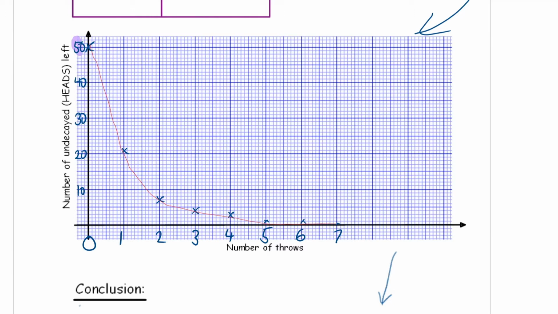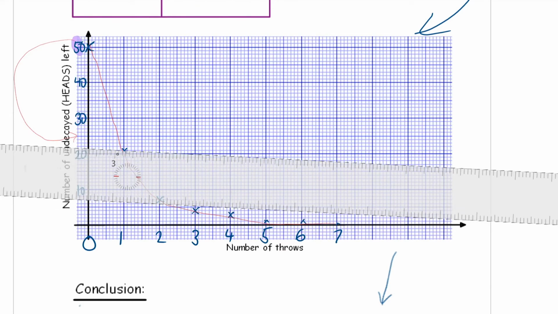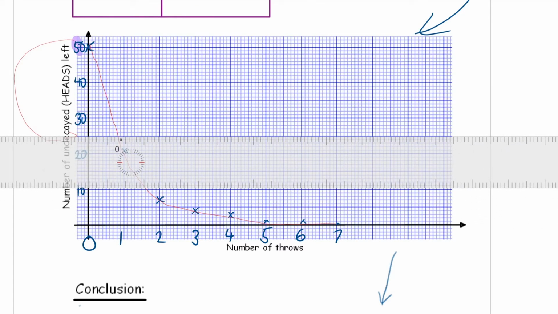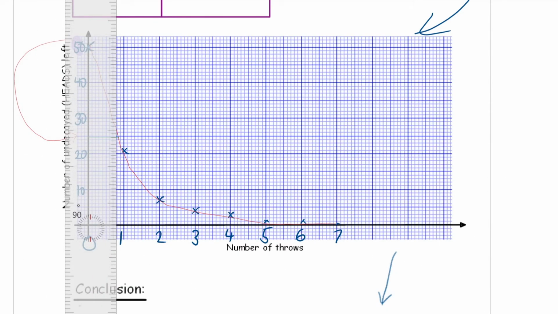25, 50, half of 50 is 25. So we go down to 25, there's 25. Get your ruler, extrapolate from the line with the ruler, and actually I'll use a different colour so we don't confuse the curve of best fit with the lines of extrapolation.